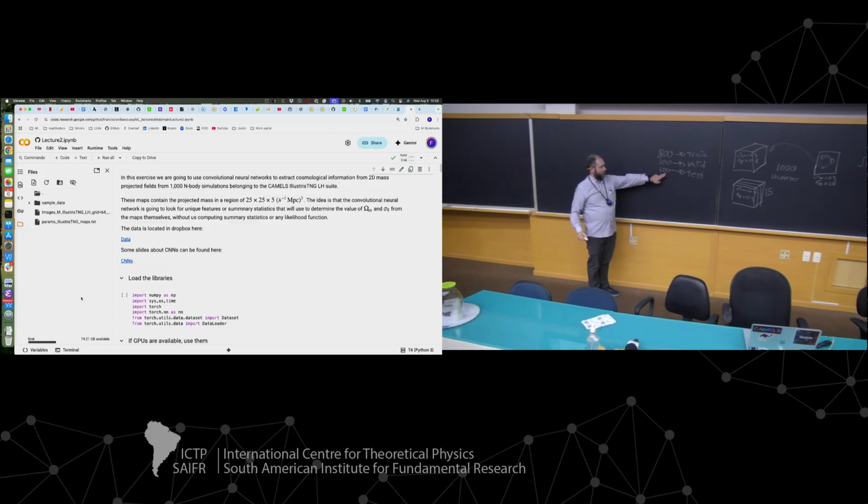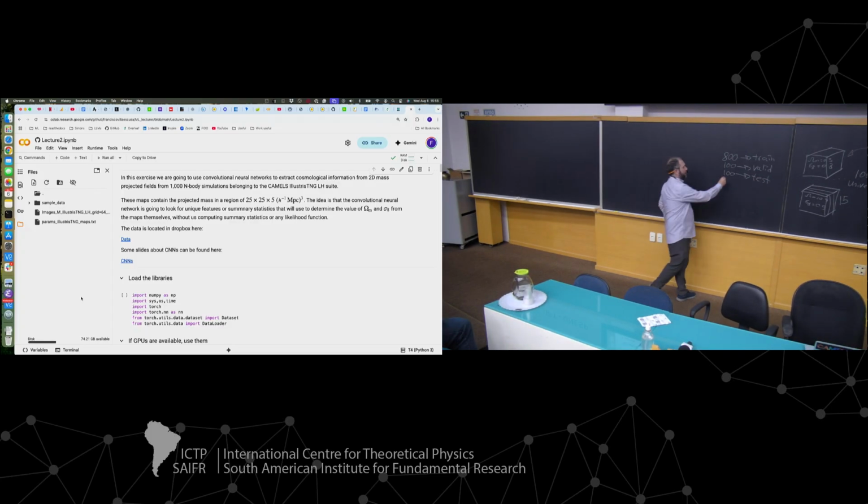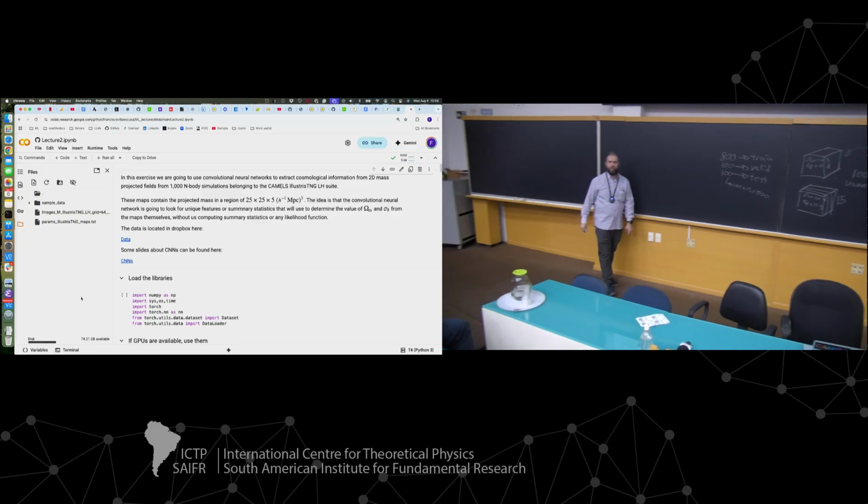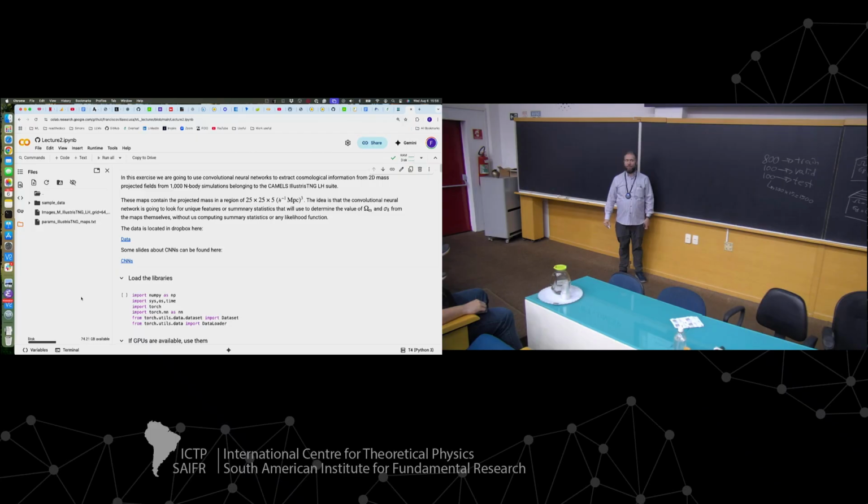But for these 100, the number of maps we have is 100 times 15, so 1,500. Is that clear? Any questions regarding the setup?